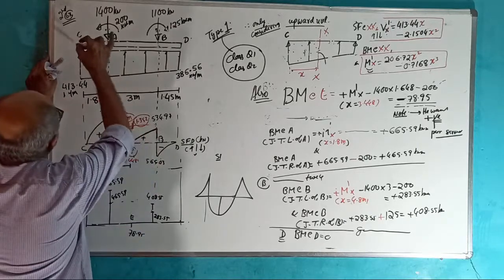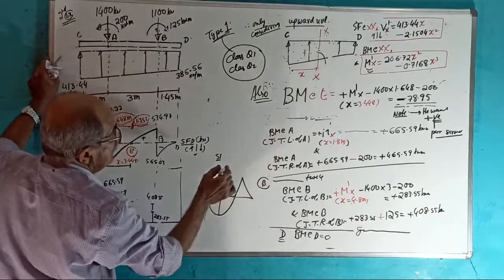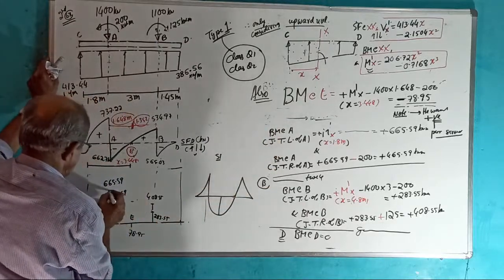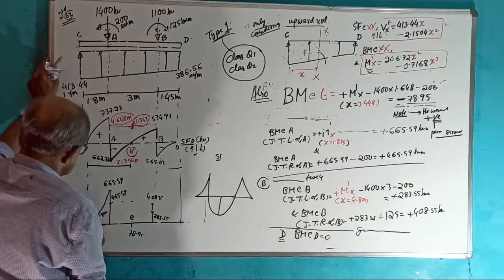So C joined just to the left of A. Today I will be careful. It is 665.59 by parabola. Then just to left of here the slope should be 0.